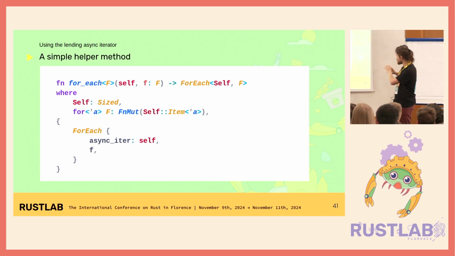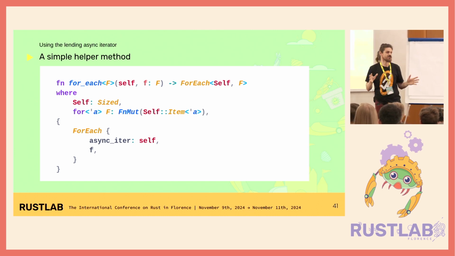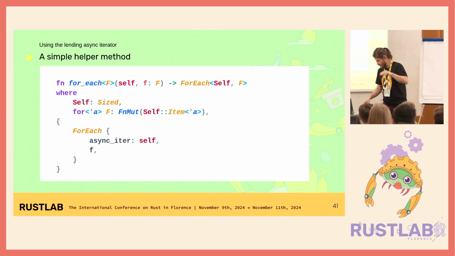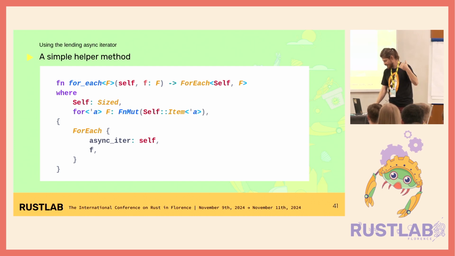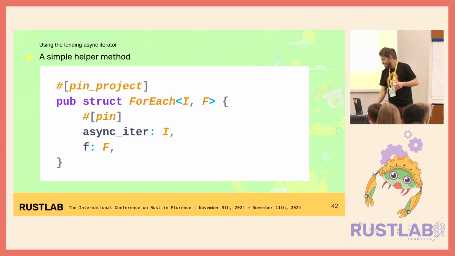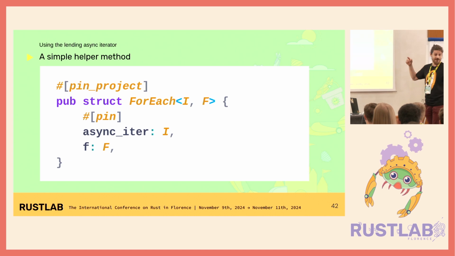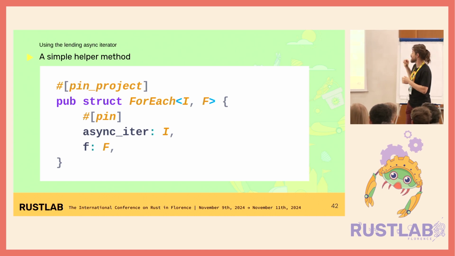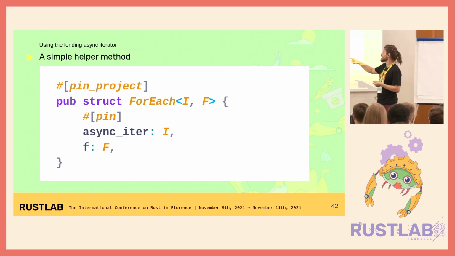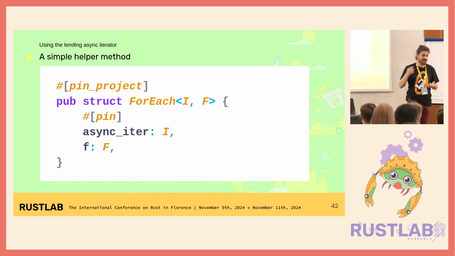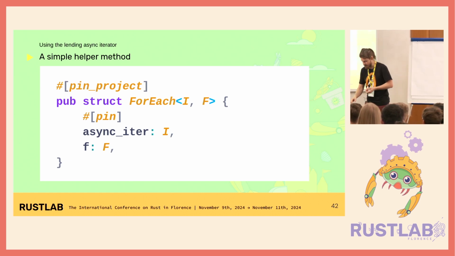In this case, I'm showing you how we can do that using a structure. If you want, we can talk about other possibilities later. And this is a structure. Remember pin project before? We're using it, and we say that the async iter can be pinned, probably it's going to be pinned, and we have the function.